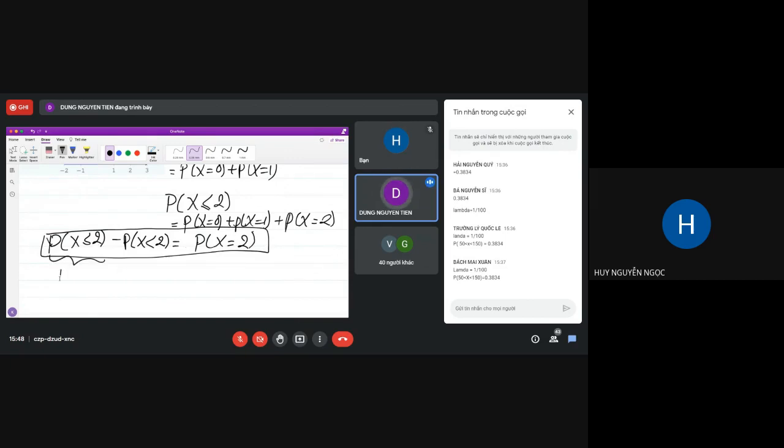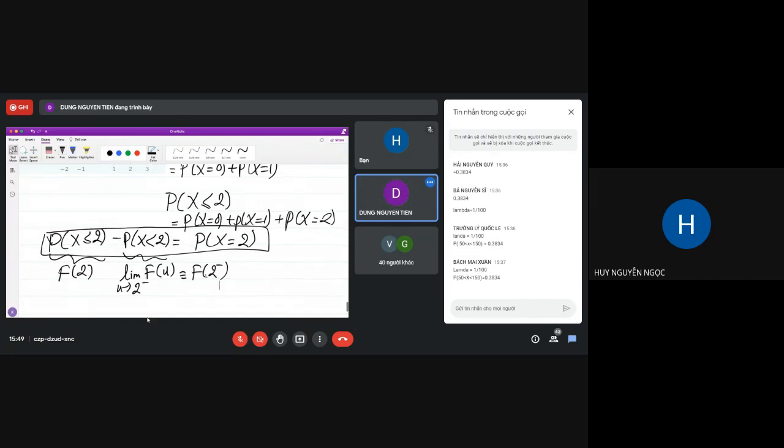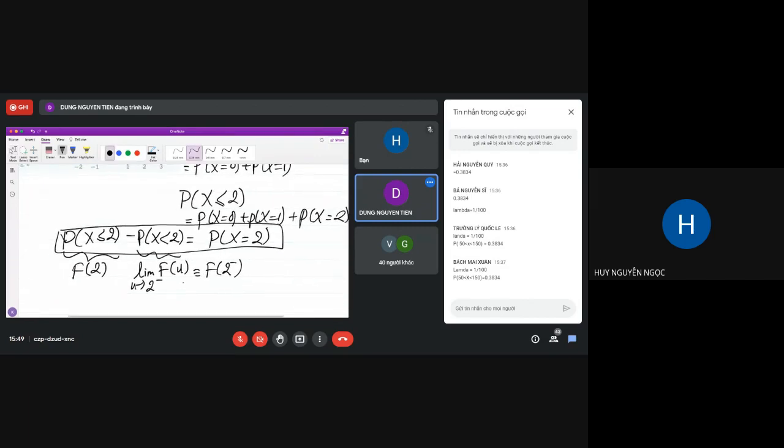The first part is F(2), right? And the second part is simply the left limit of F(u) when u goes to 2 from below, and we denote this by F(2-).